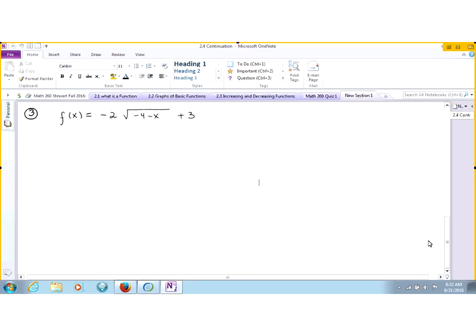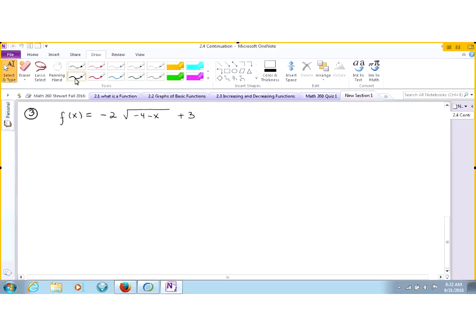Okay, so, all right, so let's start. So let's label this first. Oh, or actually here I see minus x. I need to rewrite these first. So f of x, how do I rewrite these? -2 square root of negative of x plus 4 plus 3.